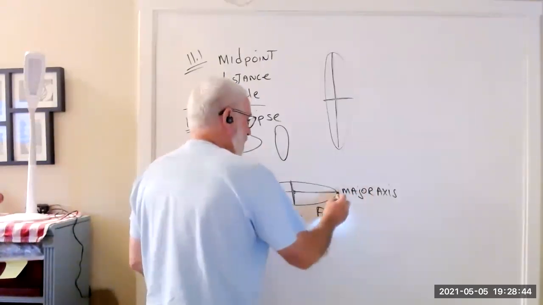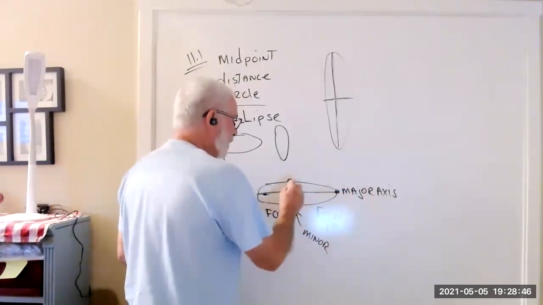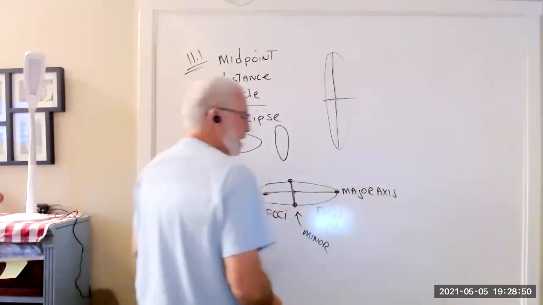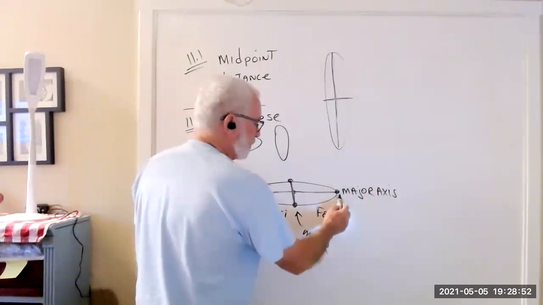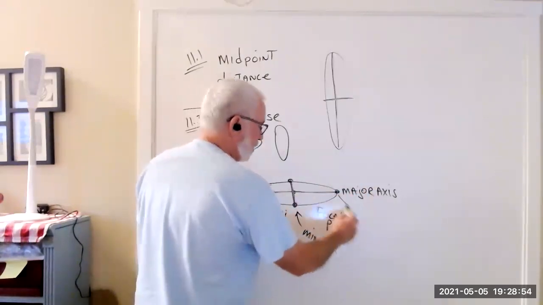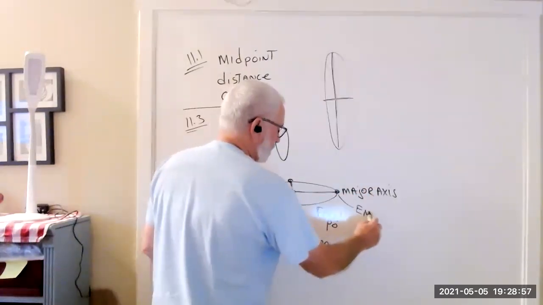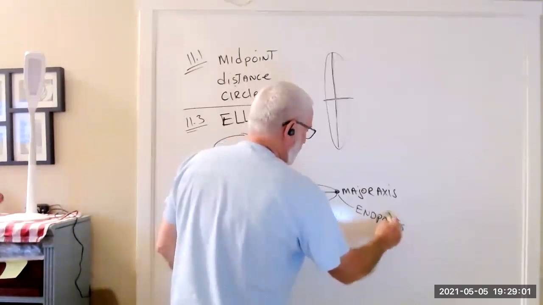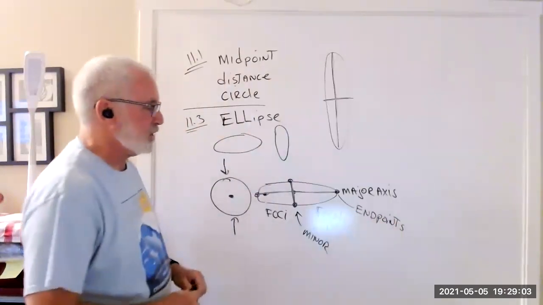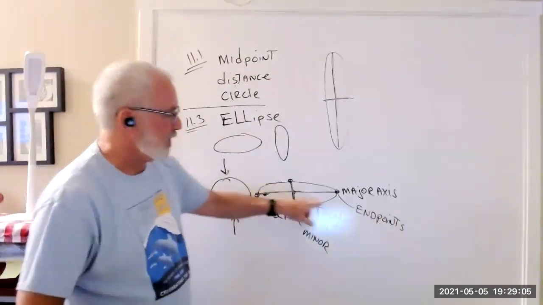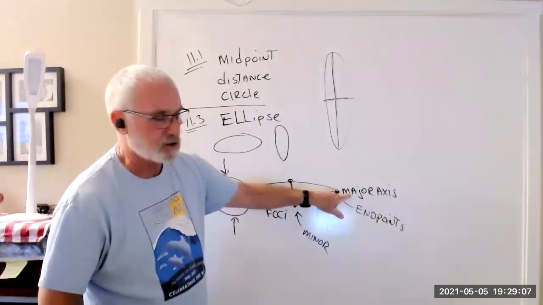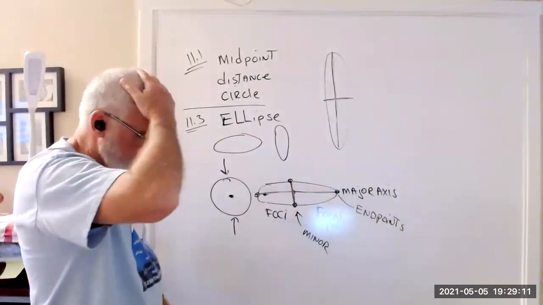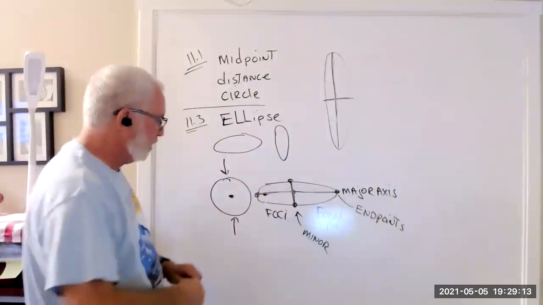I'm not real big on this, but Mom is. The end points here, when it talks about the end points, it's always the end points of the major axis. And I totally forgot, I'm having a brain lapse on this.